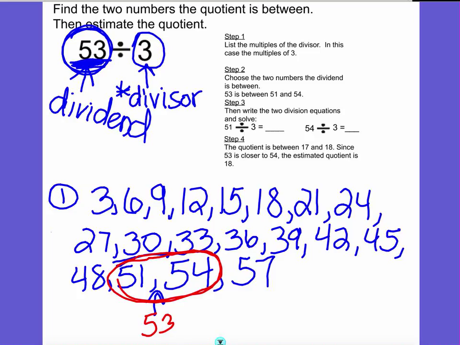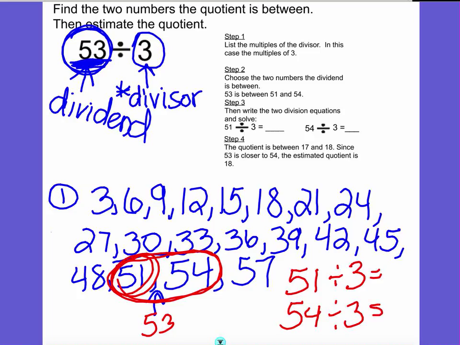Now that I have found that, all I do is take those two multiples and write them in equations like this. Since it's 51, I'm going to rewrite my equation. It's no longer 53 divided by 3. It's 51 divided by 3 and 54 divided by 3.